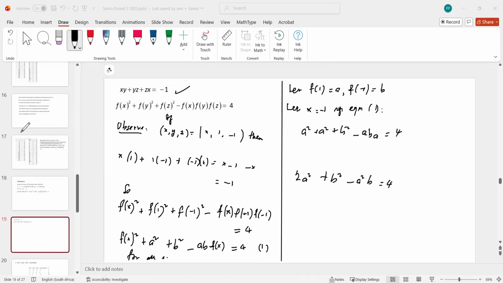And in that case, the same equation 1 right at the bottom there, you can see it. So now you have f of minus 1, x is minus 1, but f of minus 1 was b. So now you have b squared plus a squared plus b squared minus ab, and f of minus 1 is b.